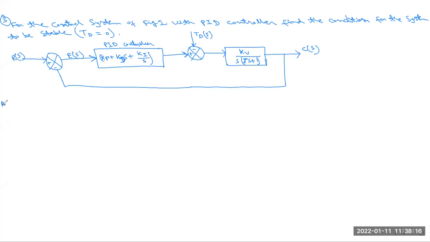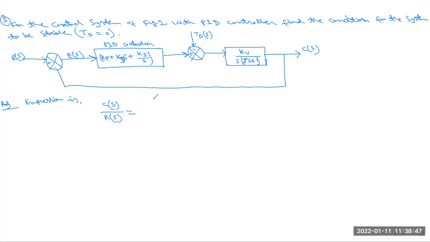Okay, how is it solved? First we have to calculate the expression of this given PID controller. We know that the transfer function is the ratio between the output of the system and the input of the system, that is C(s) by R(s).